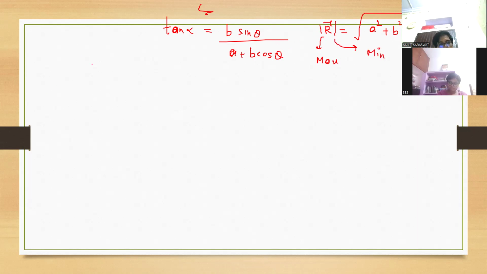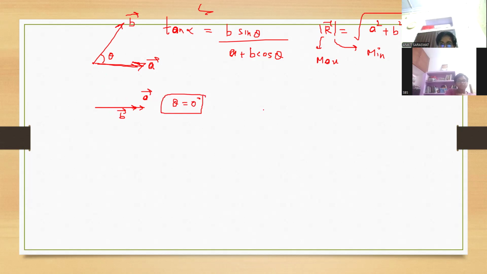Now tell me, this is the A vector and this is the B vector, and this is theta. When A and B vectors are parallel, like this, what is theta? 0 degrees.